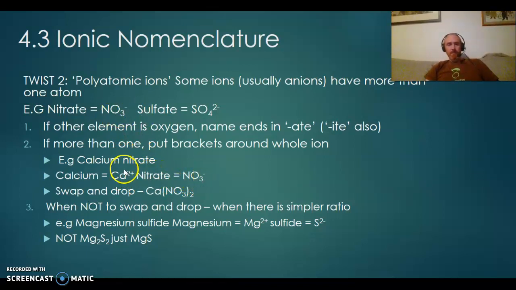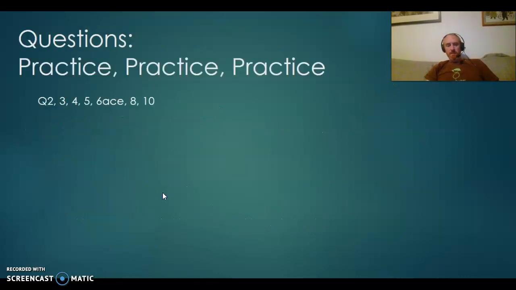So if we're doing our swapping, the 2 here is going to go onto the nitrate, and we put all of the nitrate in a bracket. And so just like in maths, this bracket means that I've got 2 of everything inside the bracket. And this is a 1 minus charge, and so this 1 swaps to the calcium, and because we don't write ones.